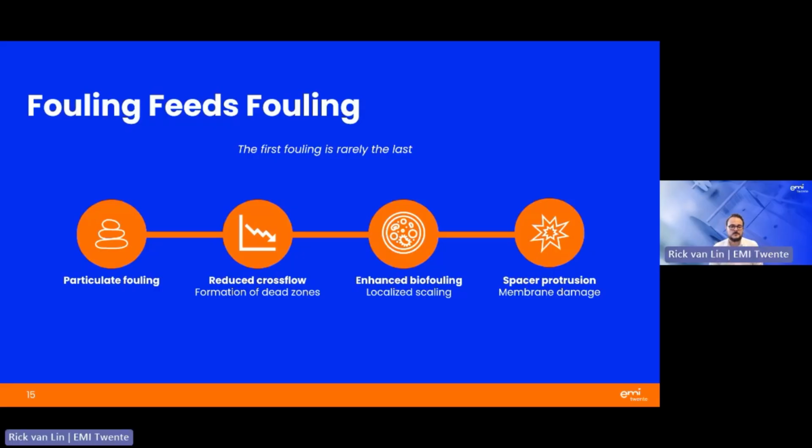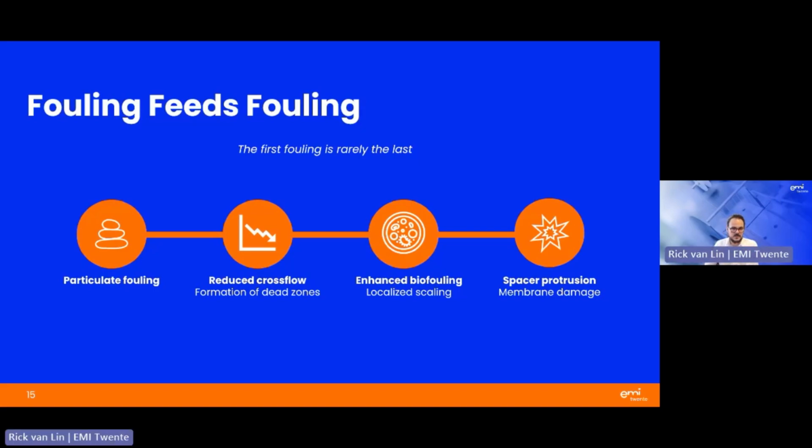Important to note is fouling feeds fouling. So the first type of fouling that occurs is rarely the last type of fouling that occurs. So for example, if you have particulate fouling in your membrane, it will lead to reduced cross-flow and formation of dead zones.